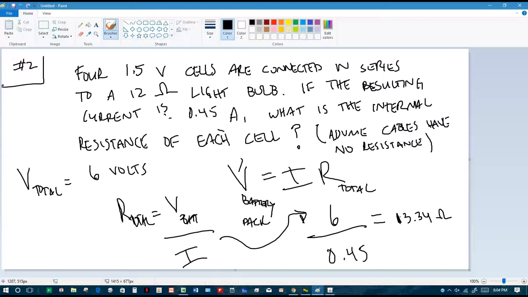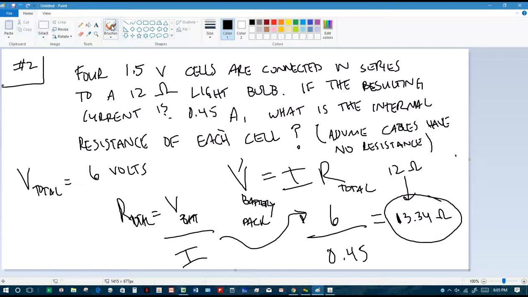So the total resistance we found was 13.34. And that is our 12 ohm light bulb they've described in this problem. They said there's a light bulb that has a resistance of 12 ohms. And we know we've got batteries that also have some resistance, right?